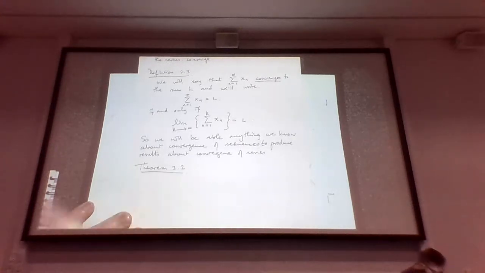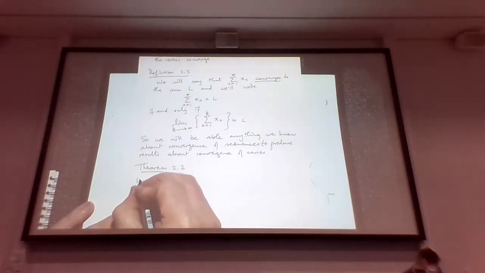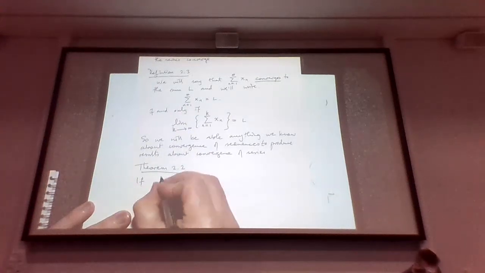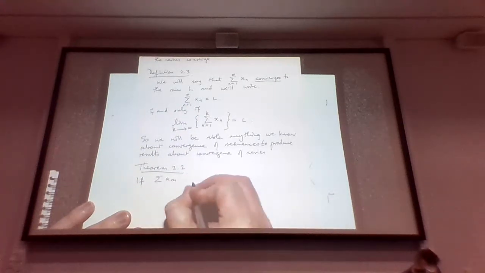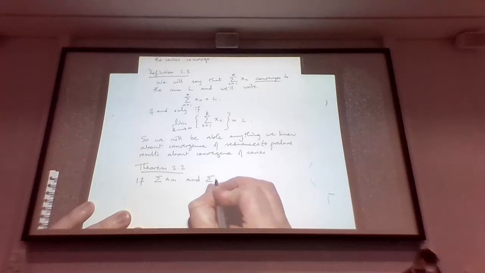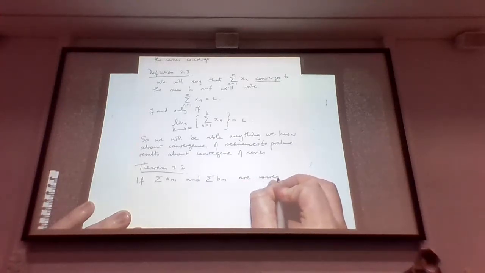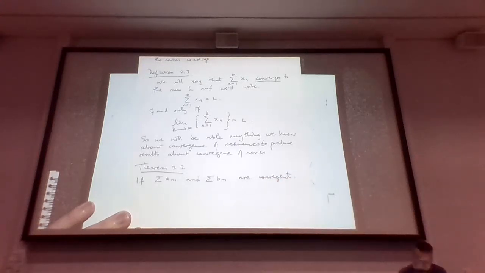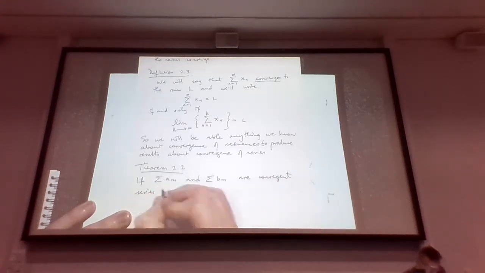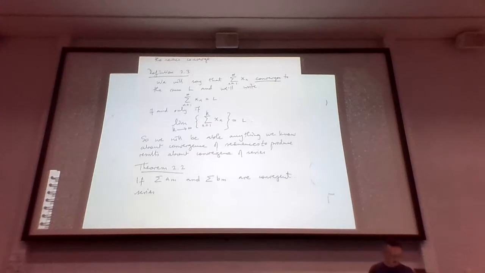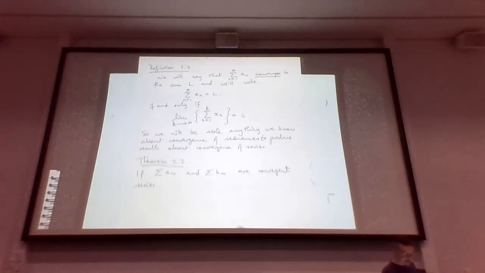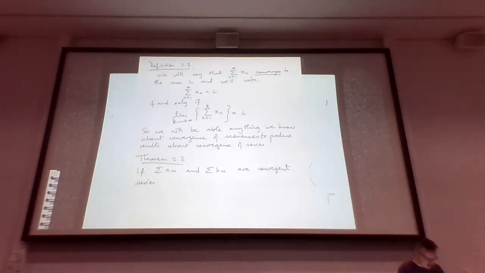So it's an if-then statement. So if we've got the sum of a_m and the sum of b_m are convergent series, sometimes we leave off the indexing if we just want to write quickly and it's understood what it should be.